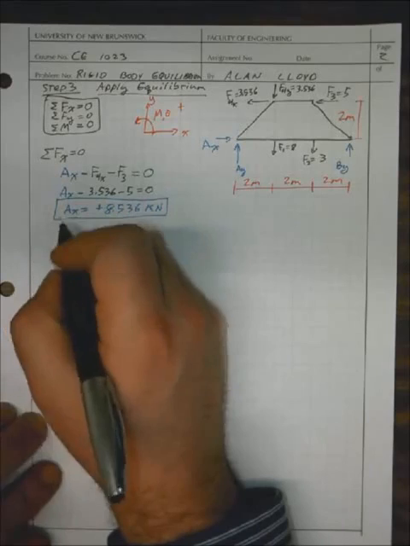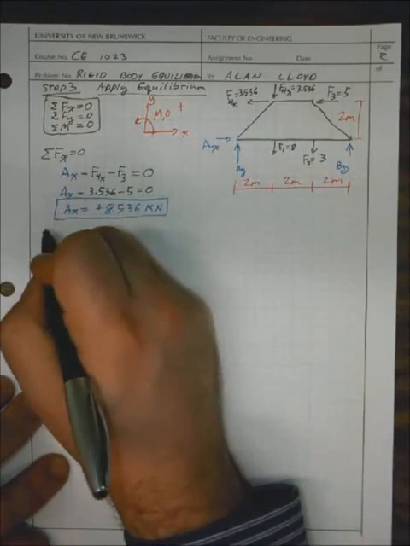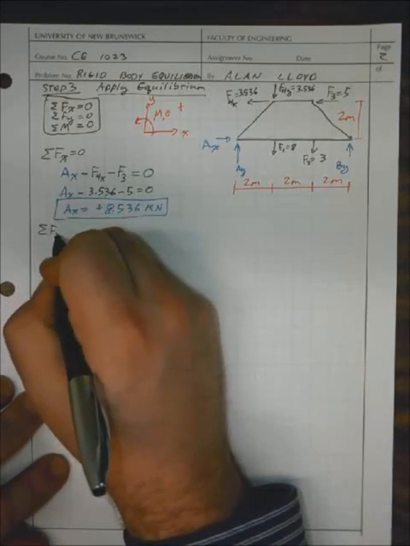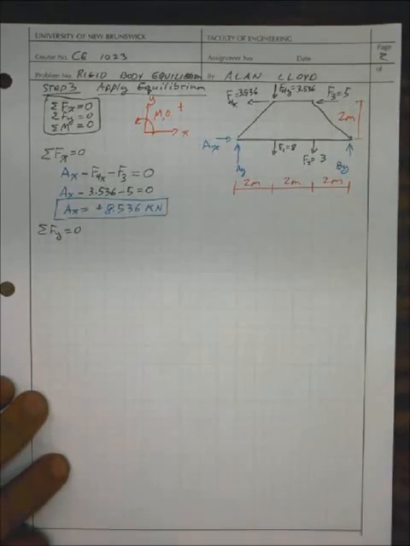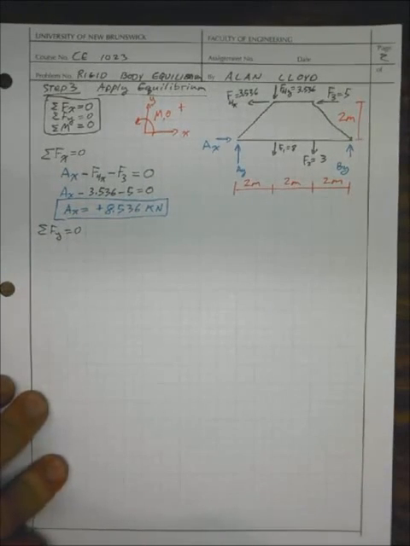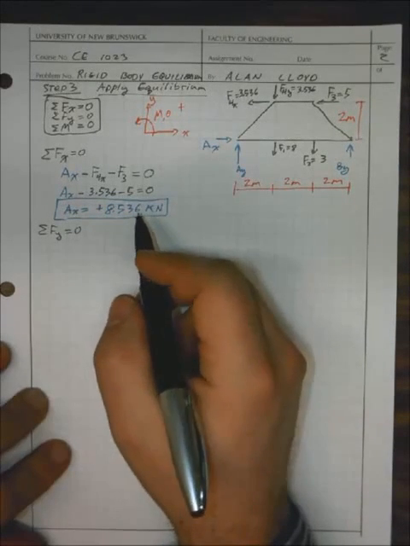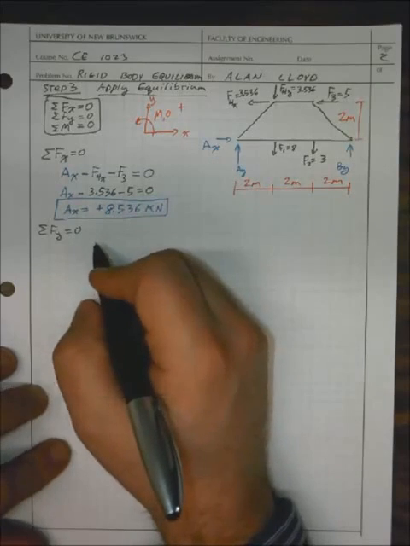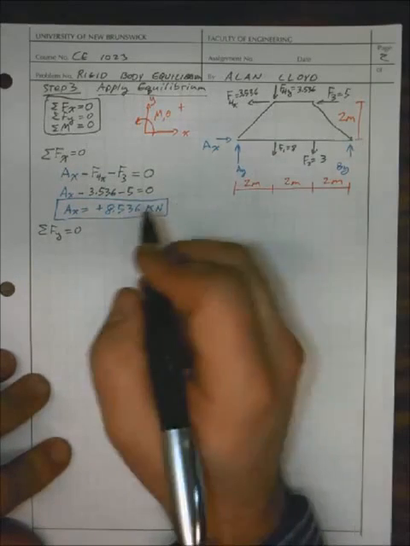Now, let's try and consider equilibrium in the Y direction. And if we are astute here, we might not do this step first, because we'll soon see that we can't directly solve for our forces in the Y yet, and we'll have to introduce a third equilibrium condition first. But let's try it out.